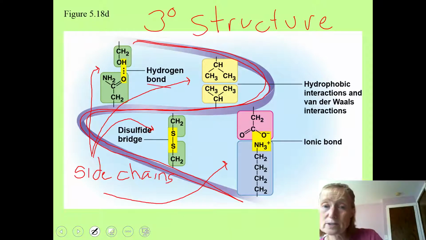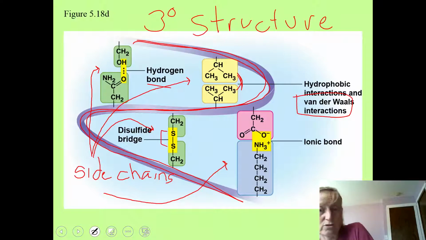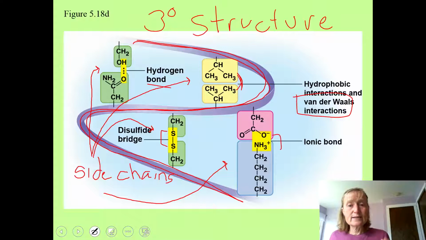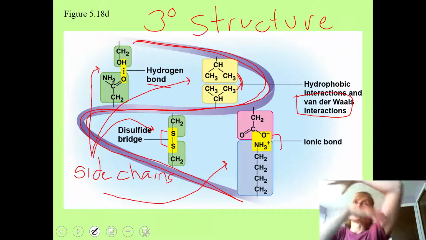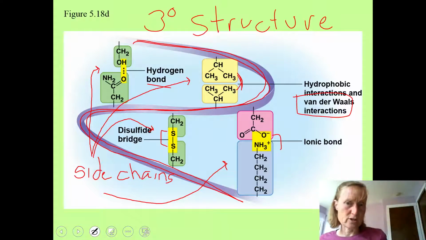Here's a hydrogen bond between 2 side chains. Here's van der Waals interactions between nonpolar side chains. Here's a covalent bond that forms between these 2 sulfurs. Here's an ionic bond. All of these bonds help to stabilize a complex 3-dimensional shape of the protein.